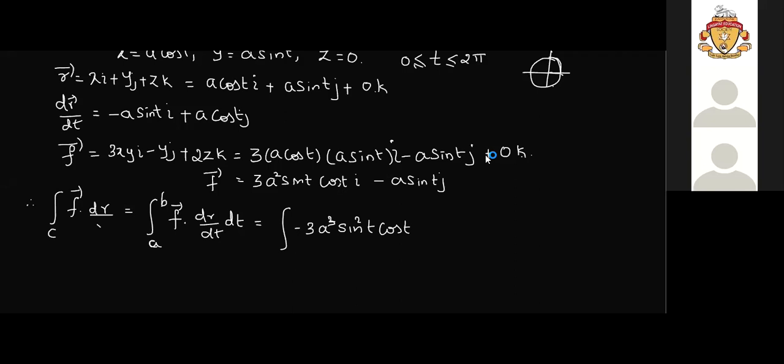Next, the j coefficient, just multiply. This is a cos t into minus a sin t, which is minus a square sin t cos t, isn't it? This is F dot dr by dt. What else I have to write is dt, so I'm writing my dt as it is.